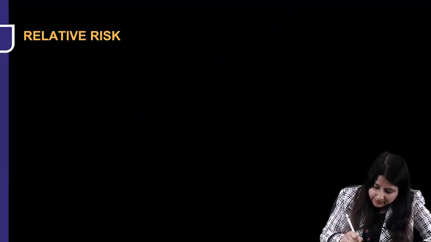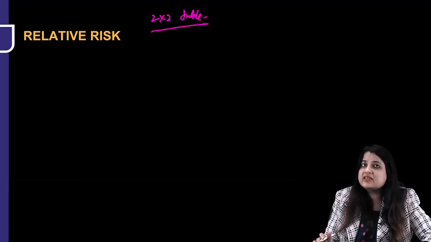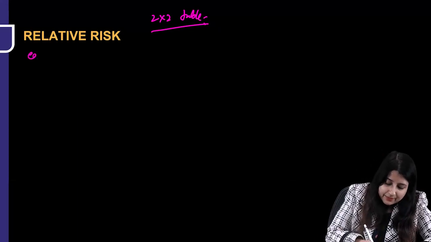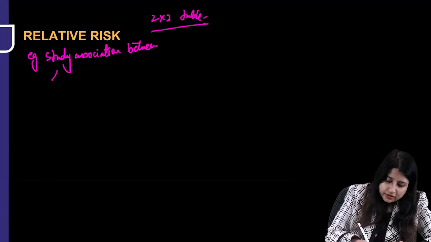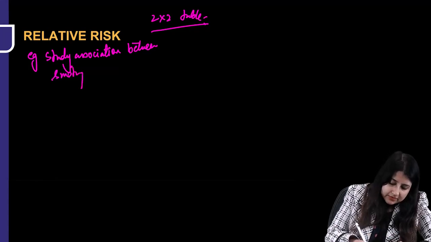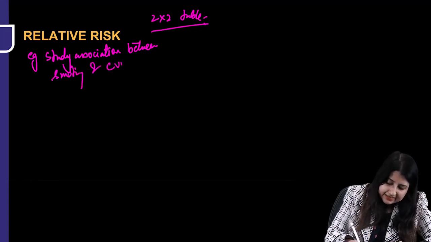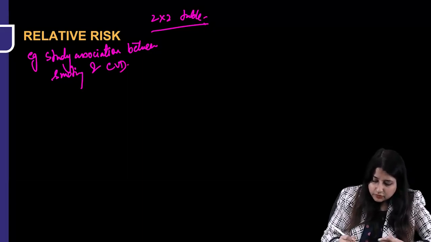For this, always remember we need to make a 2x2 table. Now you'll not memorize this, you'll understand the concept. For example, we have to study the association between smoking and CVD. We know smoking is the exposure and CVD is the outcome.